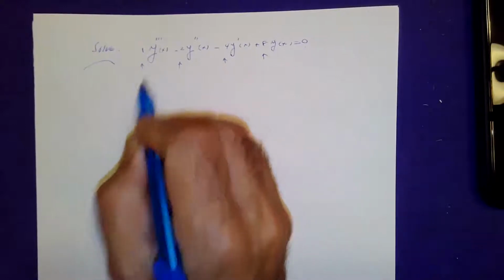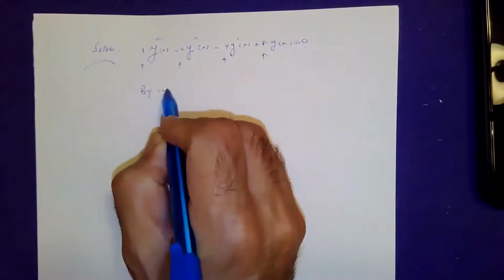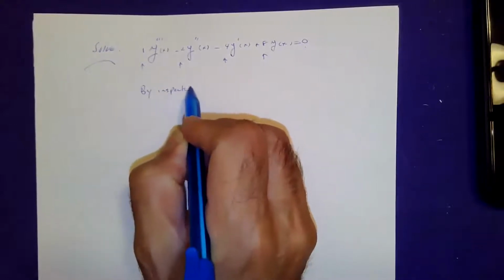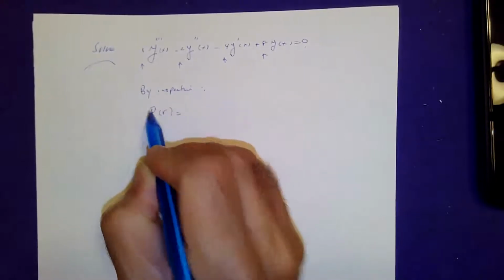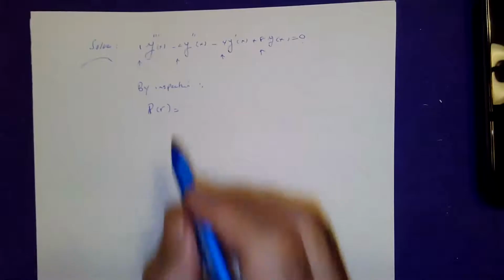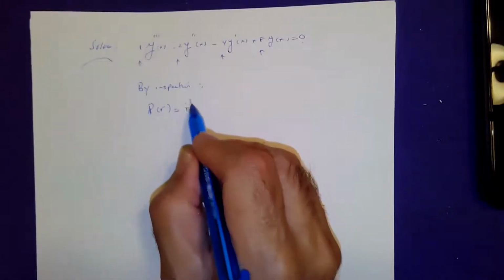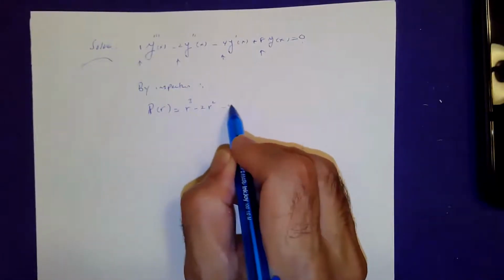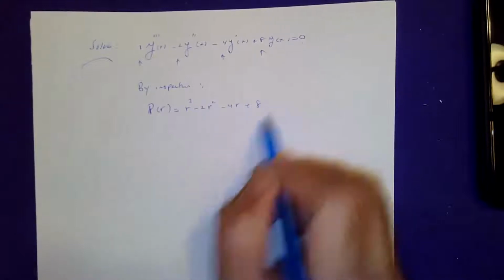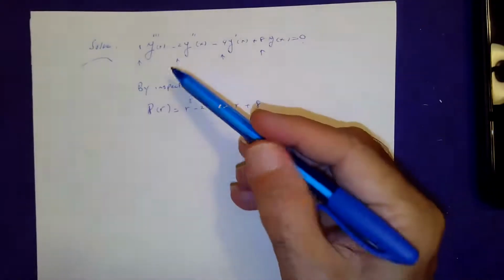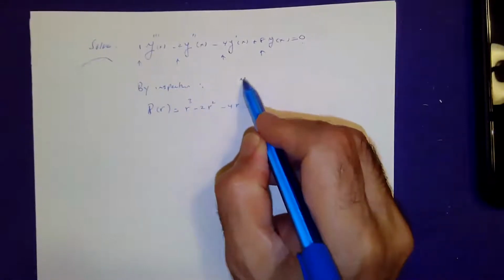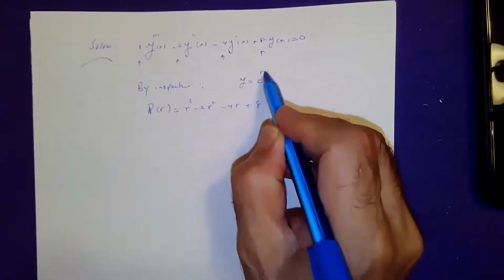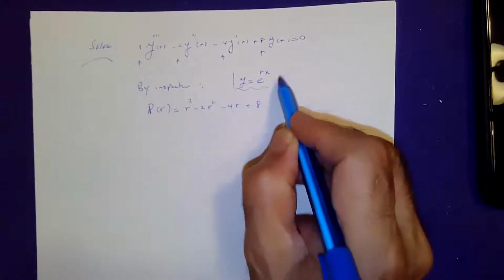So immediately by inspection, why don't you see what the auxiliary polynomial is equal to? The auxiliary polynomial is r cubed minus 2r squared minus 4r plus 8. Notice the solution of these guys is in this form, an exponential function.